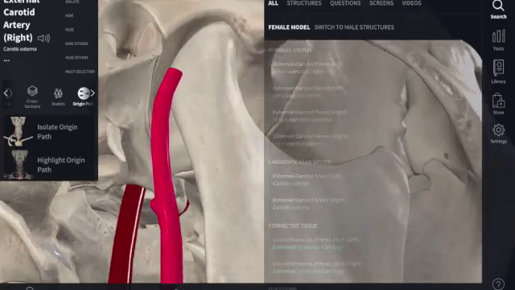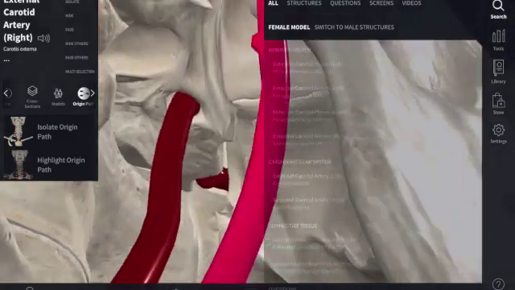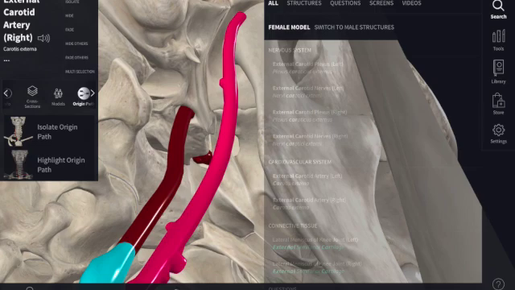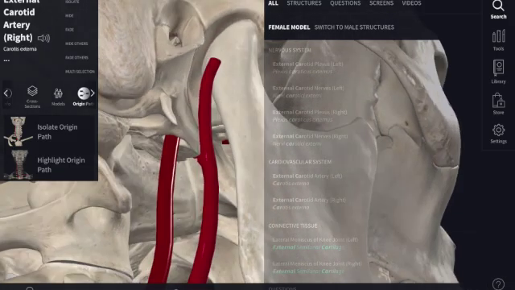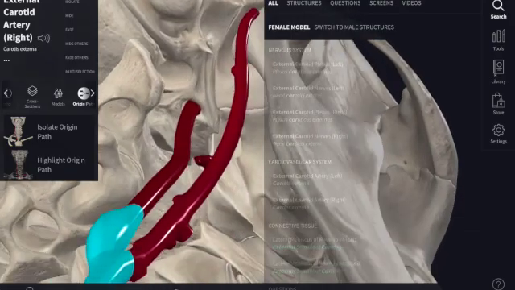Just want to show you this too. Should have shown you that. There's that hole right there, that foramen. Right? We learned this one. Carotid canal.